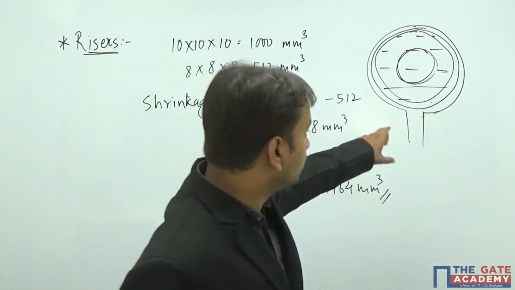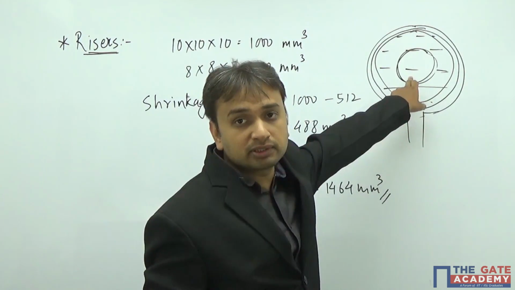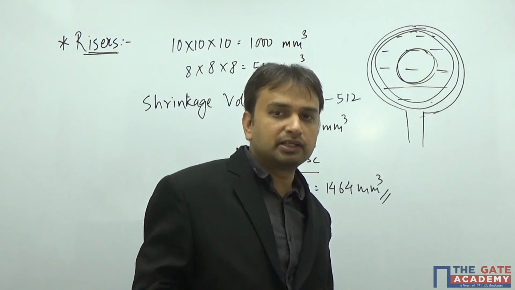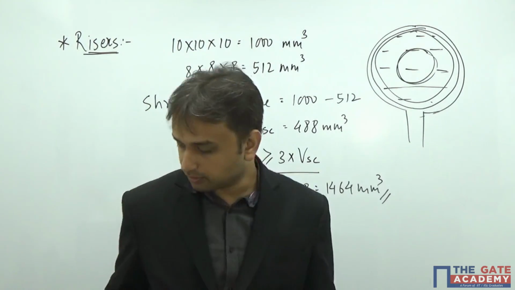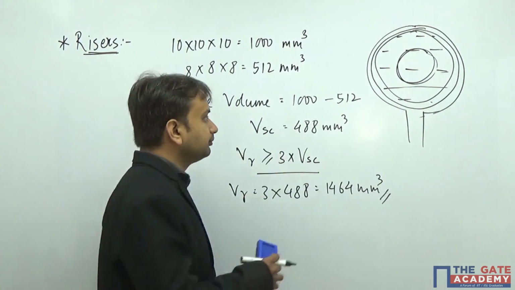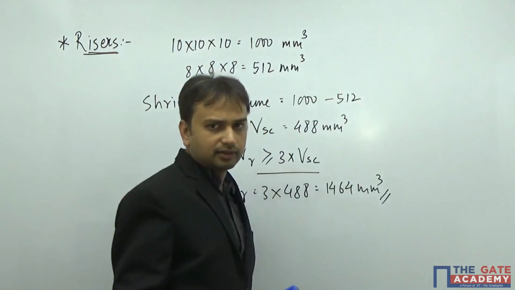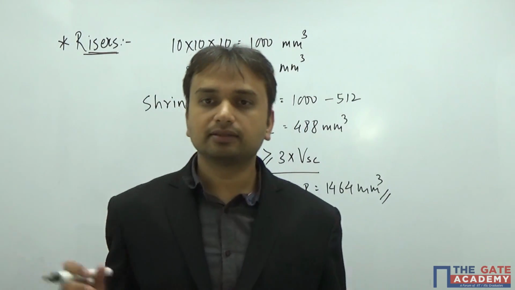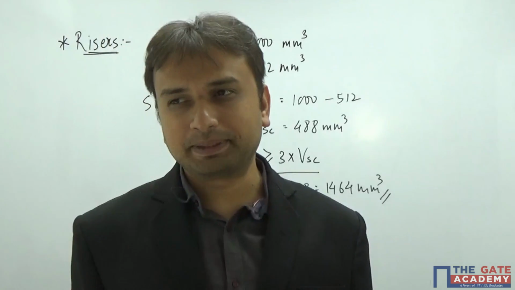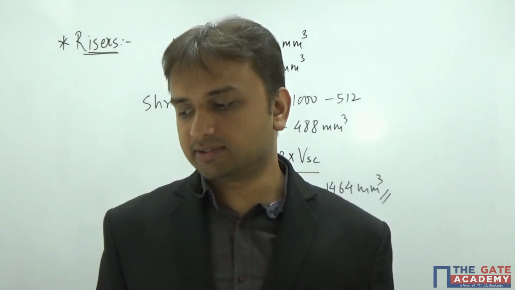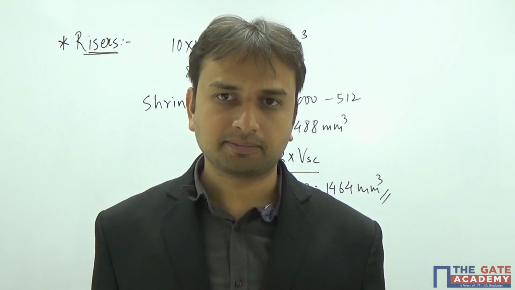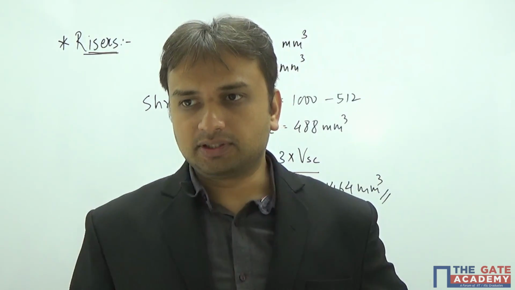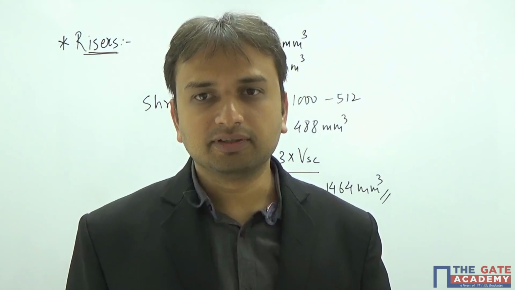So this at the core is going to be in molten state for a very long time, but it is of no practical use, right? So the purpose is gone. Now what to do? So no spherical riser. The next geometry that we can go for, the next best, I think, is the cylindrical riser. Okay, fine. So you say cylindrical riser, it is good.